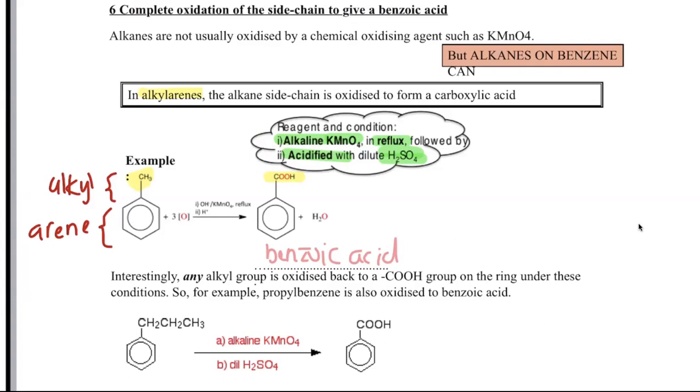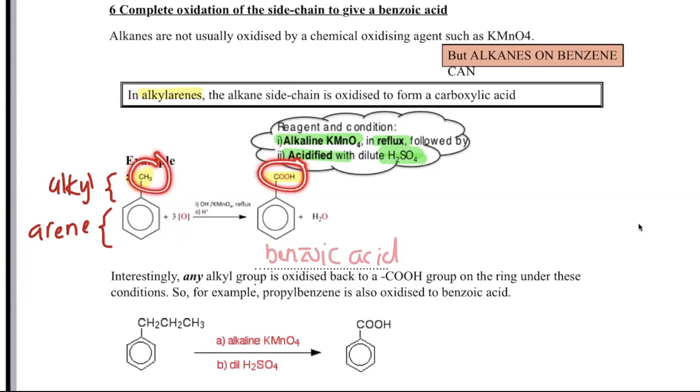So when we write the equation, we do not write potassium manganate, KMnO4. We write square bracket O to show that it is an oxidizing agent. As you know, during an oxidation process, you are gaining an electron. Okay, so your CH3 will become COOH.